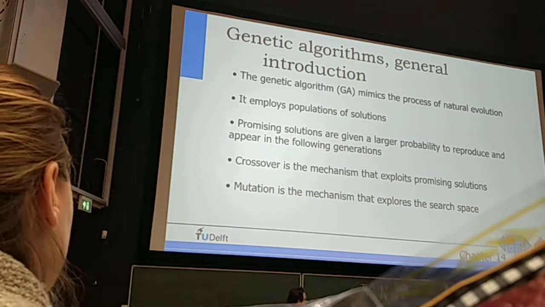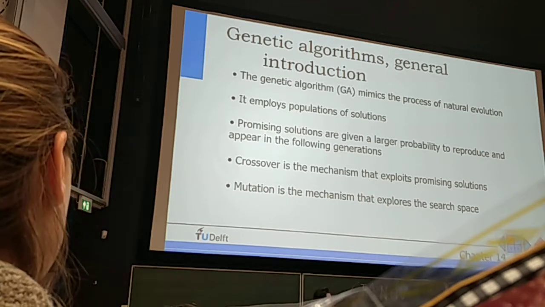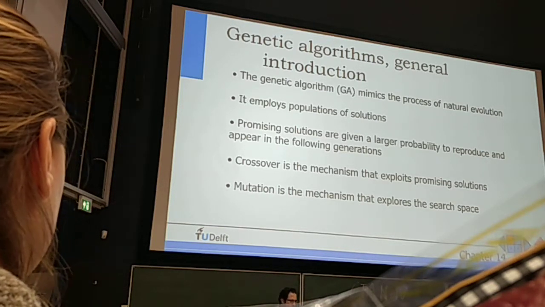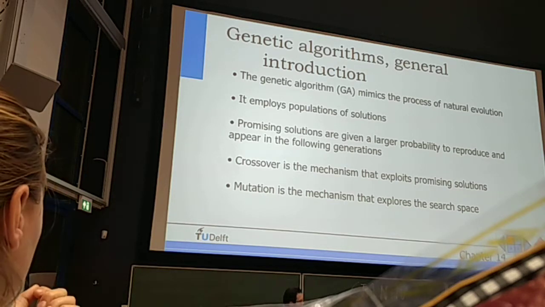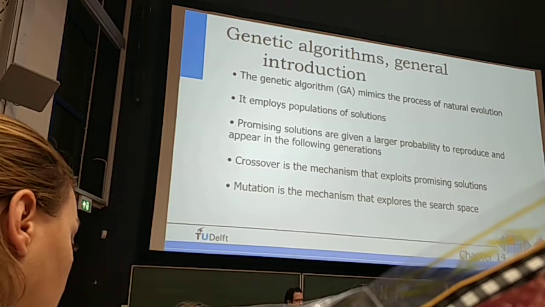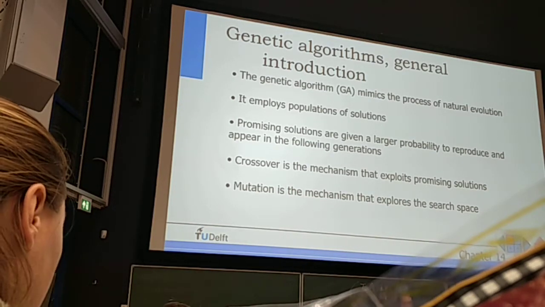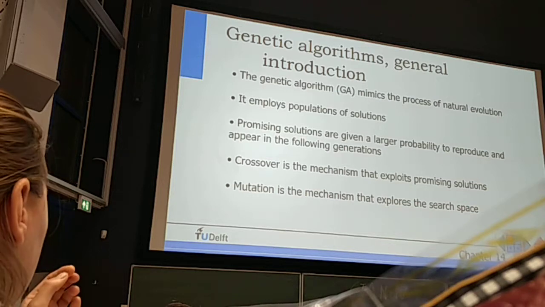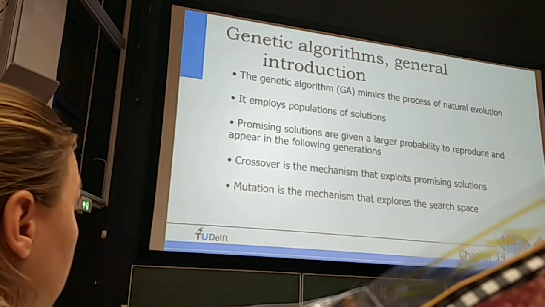So if you have a promising solution, you're giving them a larger probability to reproduce and appear in the following generation. So again, here there's a probability, and again they're using random numbers. And also what we use there is a crossover. So we're looking at ways in which we can combine different solutions into a new solution. So also here there's a trick: what are my decision variables and how can I combine them into a new feasible solution?